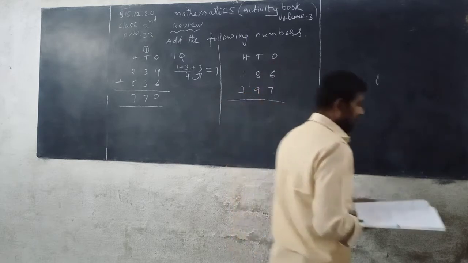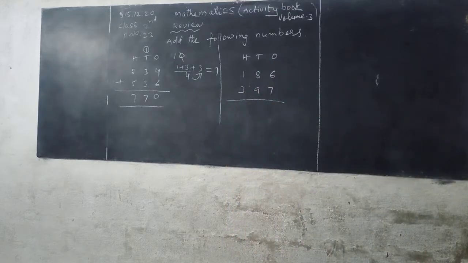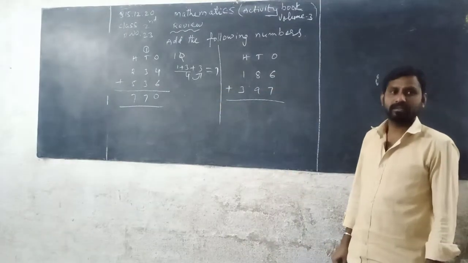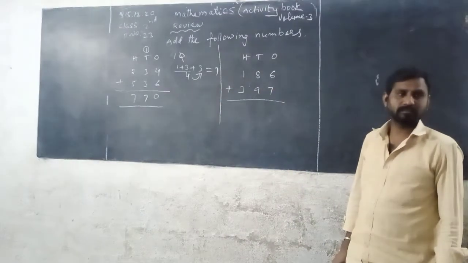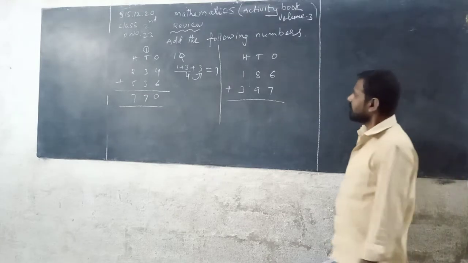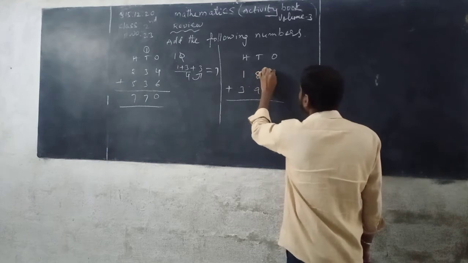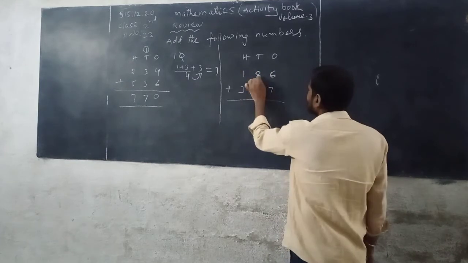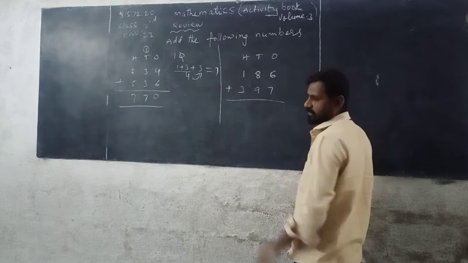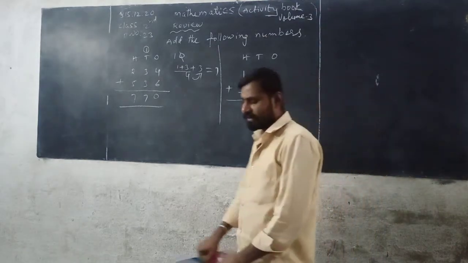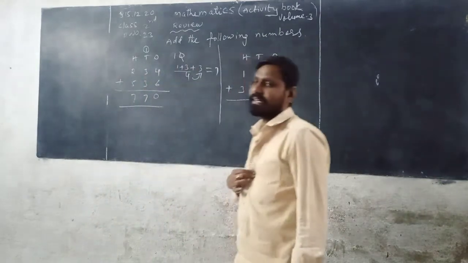First, write the given numbers column-wise according to their places. So 186 plus 397. First, add the digits in the ones place.